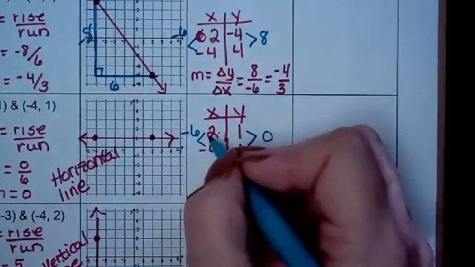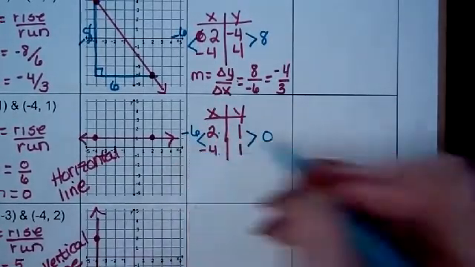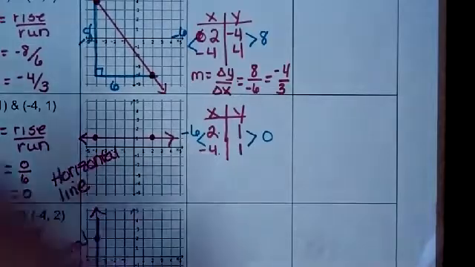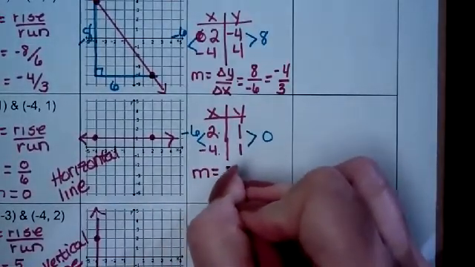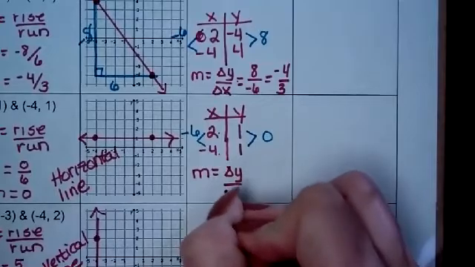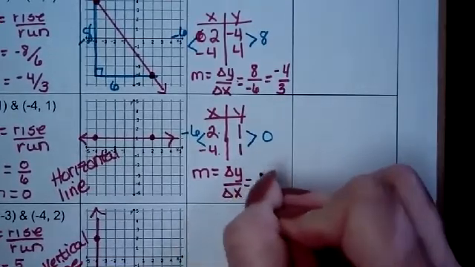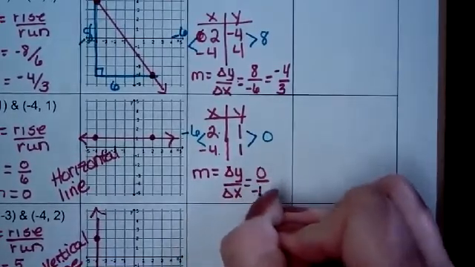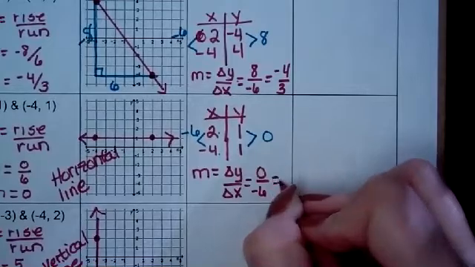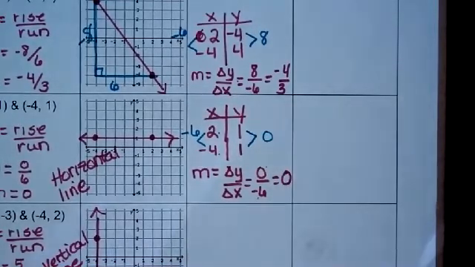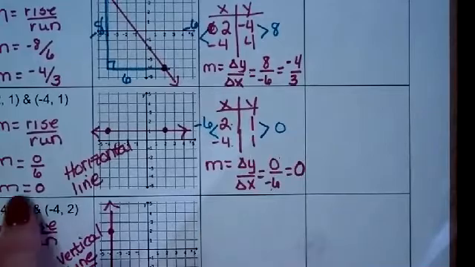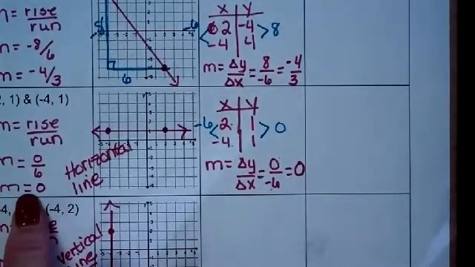Because 2 minus 6 is -4. Now, let's put it in our little formula right here. Change in y over change in x equals 0 divided by -6. But guys, 0 divided by anything is just what? 0, isn't it? Well, it's the same answer I got over here, 0.